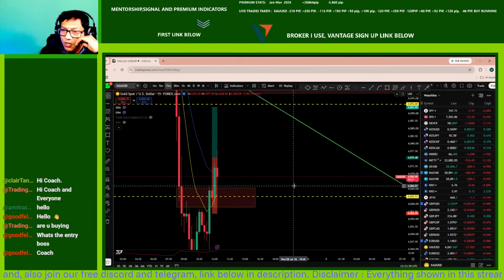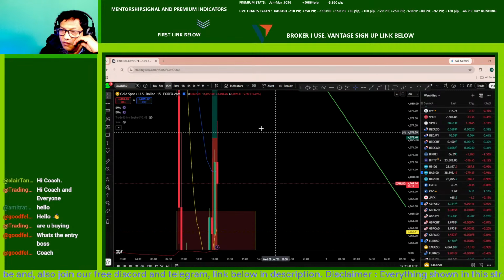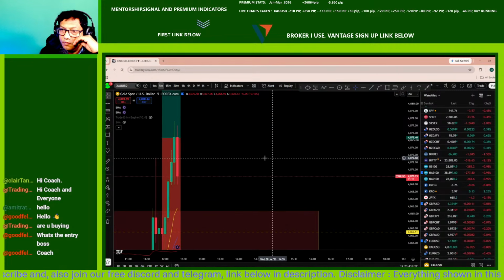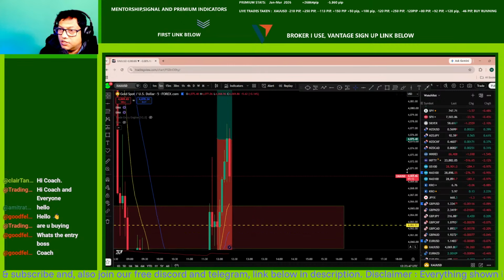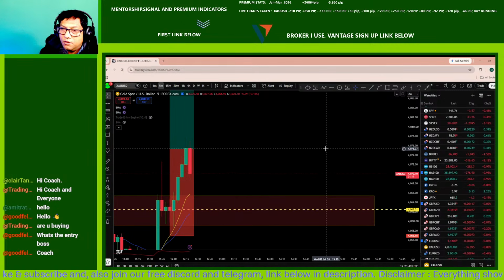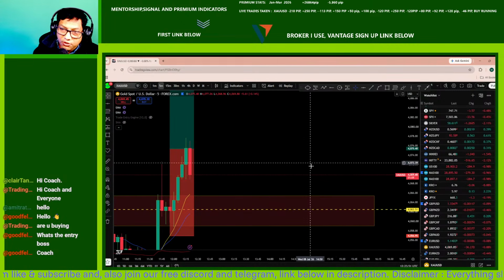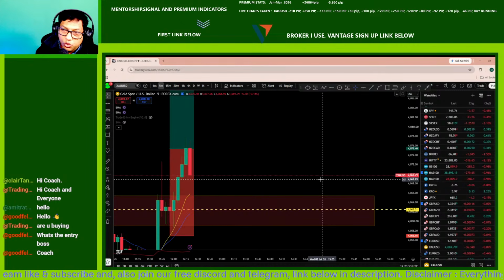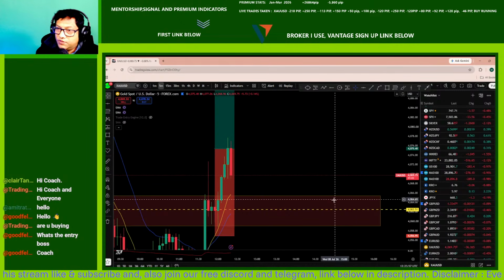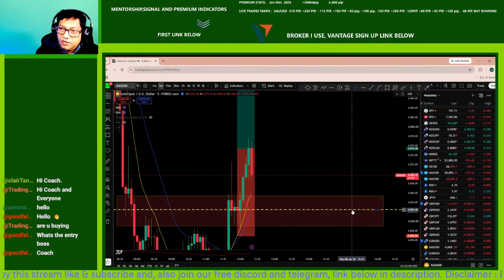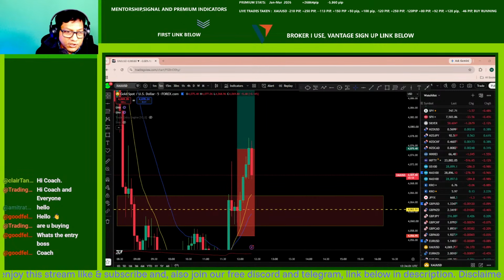There's a rejection here at that level, and if you look at, there's another 5 minutes candlestick pattern formed, and this 5 minutes candle that you can see, there is back to back 2 liquidity sweep at that level. So closing above this level of this 5 minutes candle might create this potential bullish price action here in this area.